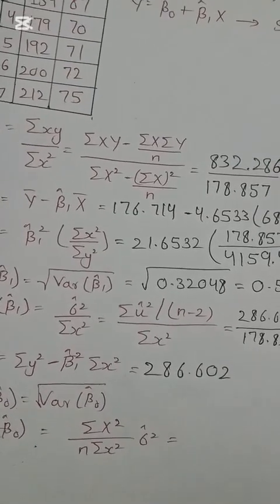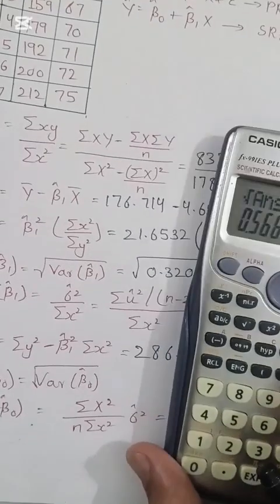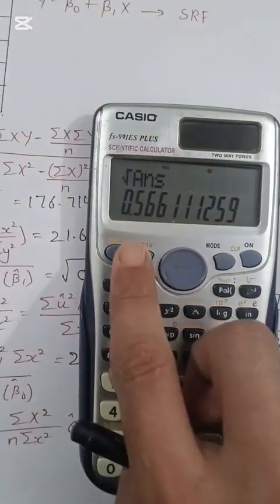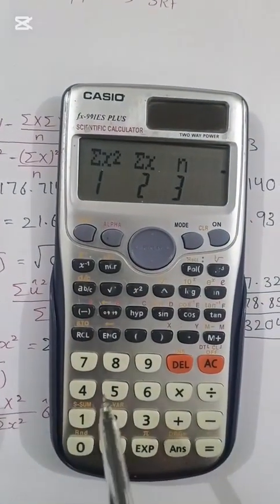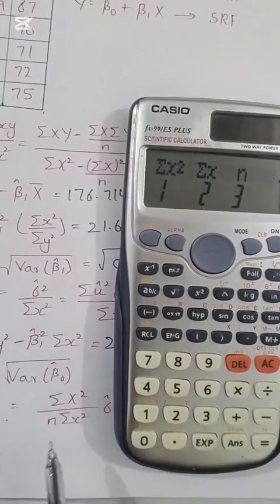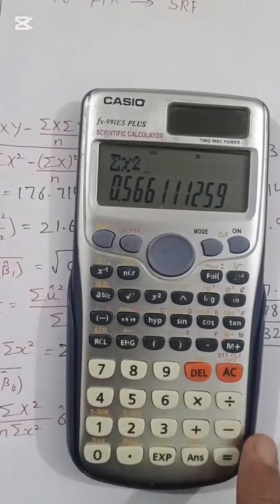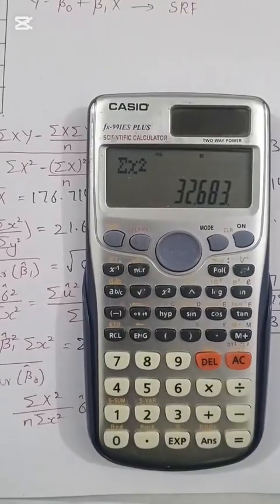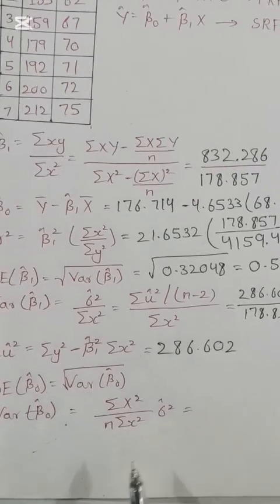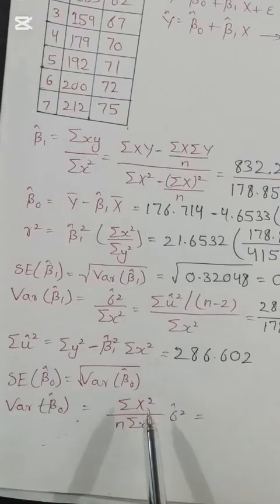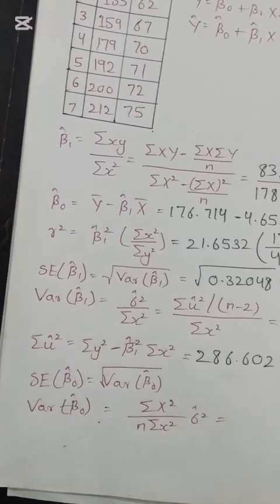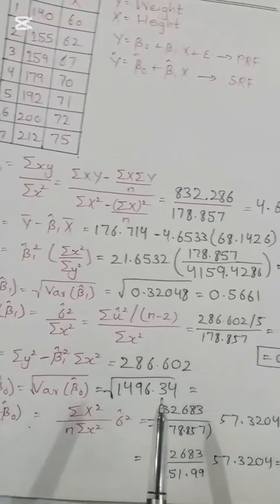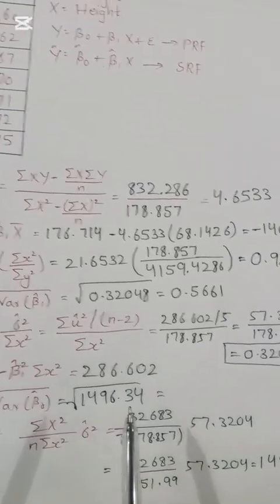So how do you find this value? Here is how to find it. Press shift and then 1. Here is the sum of x square at option 1, which is equal to 32,683. Now substitute all these values in this formula, and you will get the variance of beta naught hat, which I have found to be 1496.34.